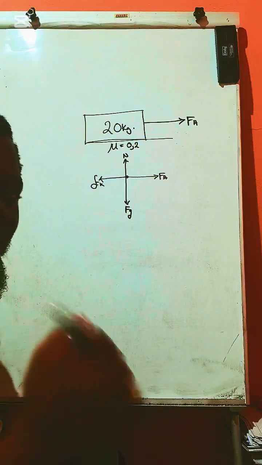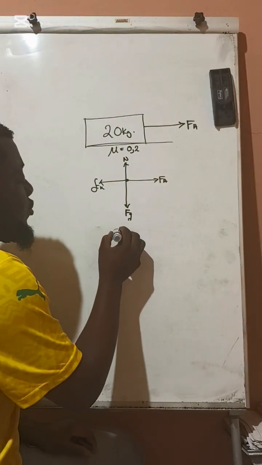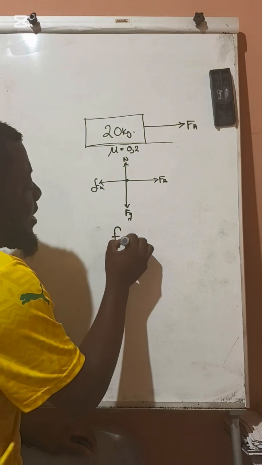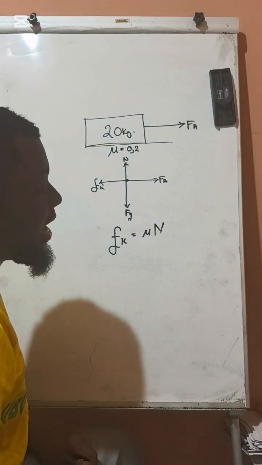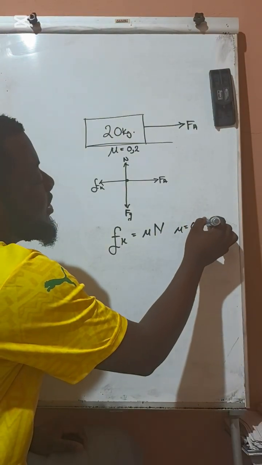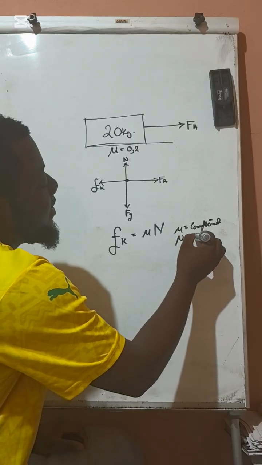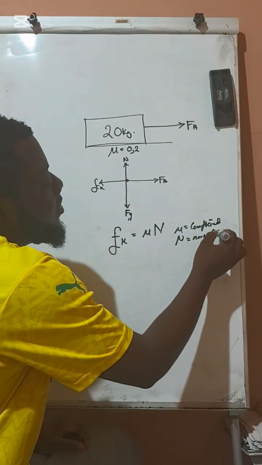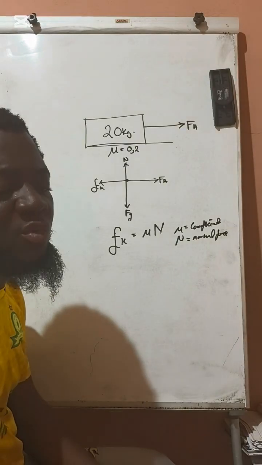So if you're asked to calculate the frictional force, the formula to calculate frictional force is Fk equals mu N, where mu is the coefficient of frictional force, and N is our normal force. Coefficient of frictional force does not have units. Why?